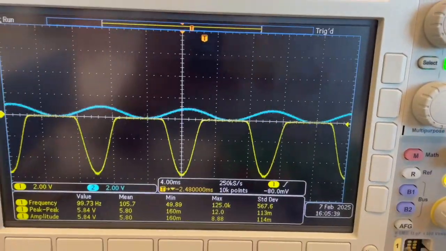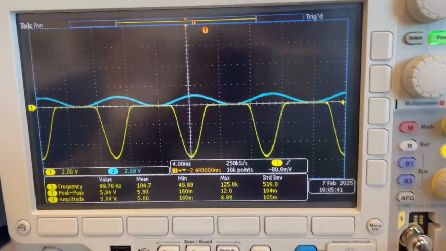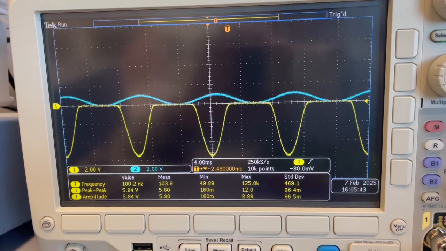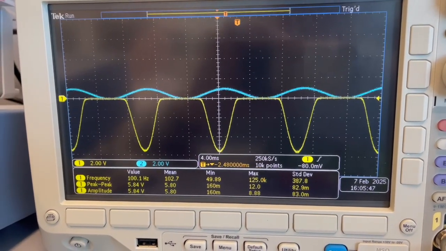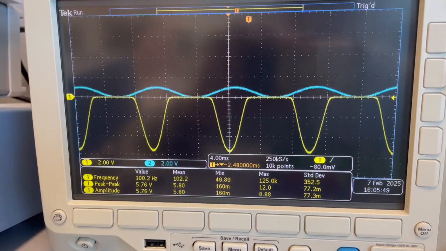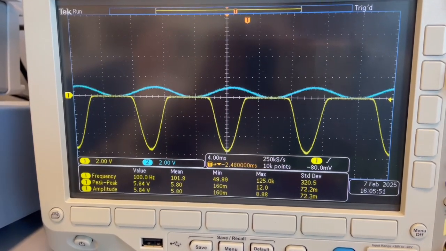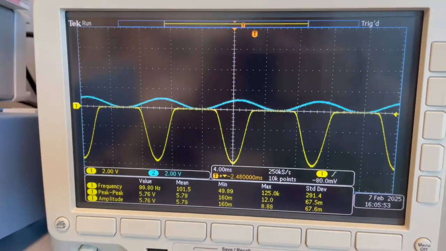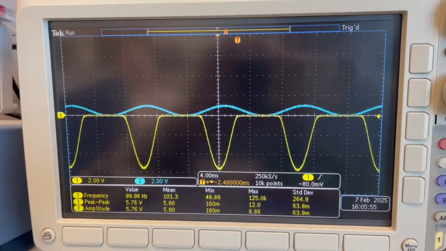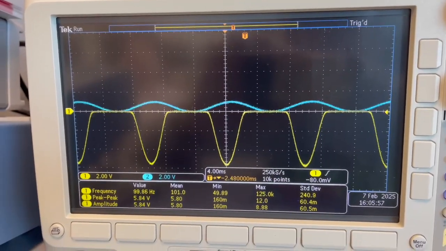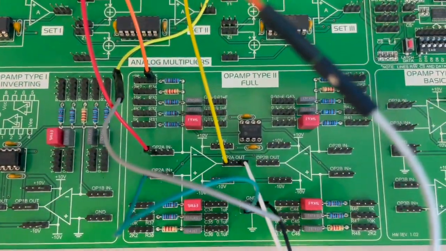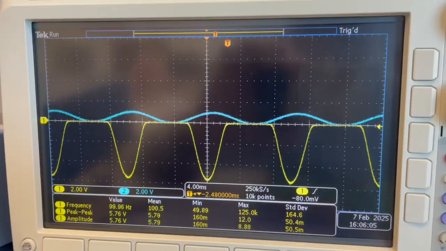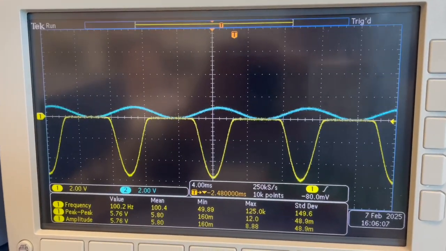So now we're gonna see the opposite behavior. As previously, the blue line is the input, and as we can see, we have a negative signal. We don't have the positive part within output. The reason why it's happening is that, first of all, we have an inverting type of OpAmp, so it's gonna invert signal, and also it's anti-log topology.